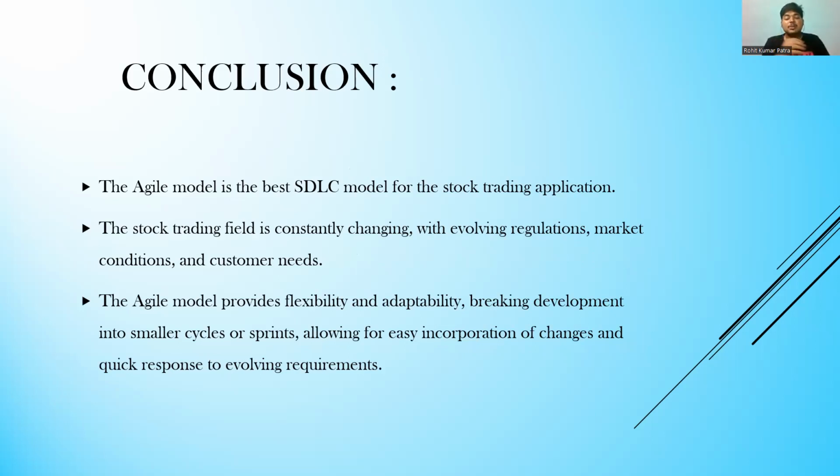The agile model provides flexibility and adaptability, breaking development into smaller cycles or sprints, allowing for easy incorporation of changes and quick response to evolving requirements. So the agile model is good for this scenario, and I use the agile model for my project.